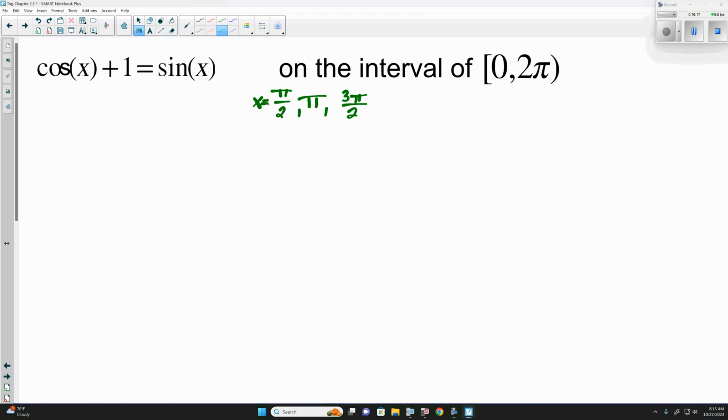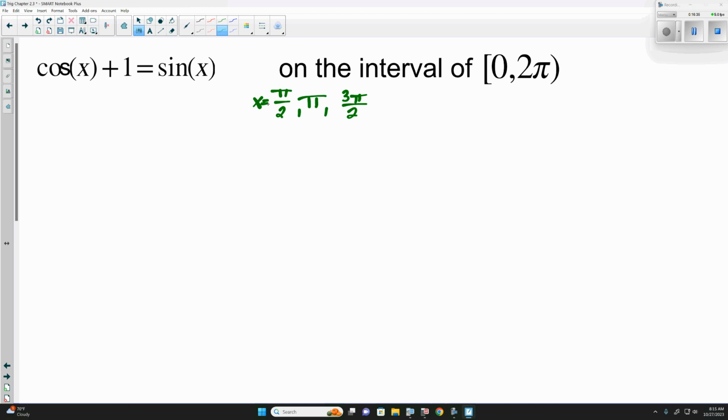Because our first step in solving was to square it, yes? The issue with squaring is if a number was negative and we square it, it becomes positive. If a number was going to be originally positive and we square it, it stays positive.